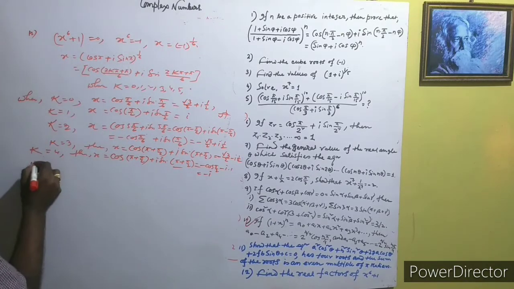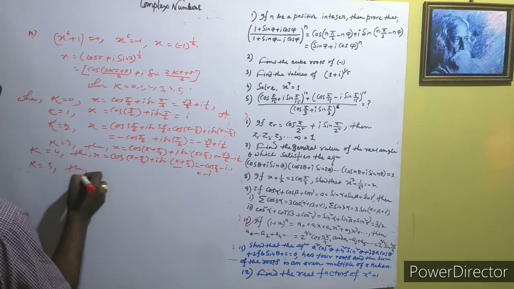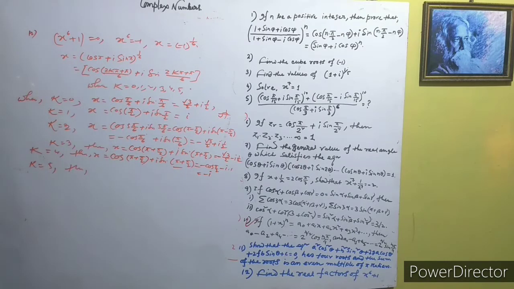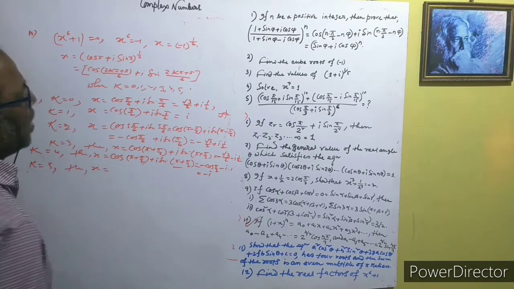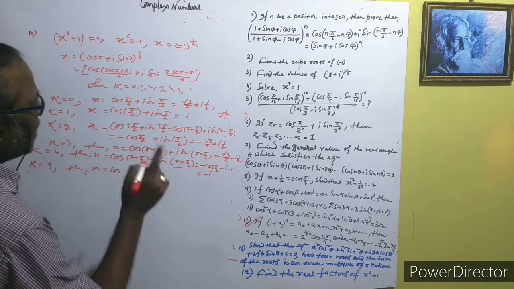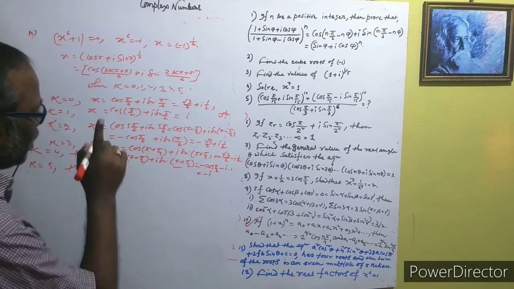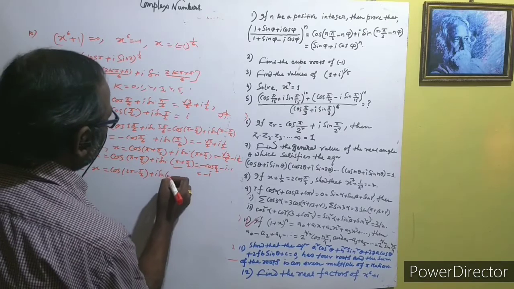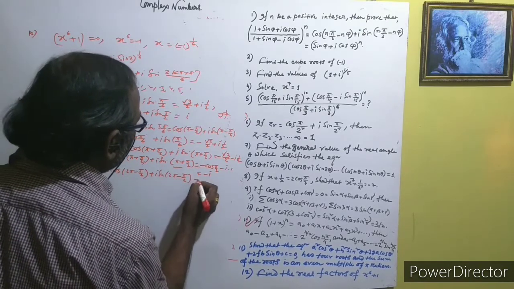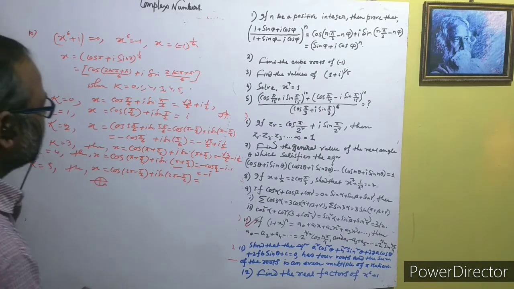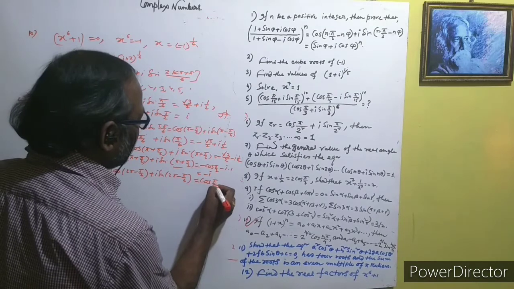Again, k equal to 5. Then we get 10 plus 1, 11, so 11 pi by 6. We can write this as 12 pi minus pi, so 2 pi minus pi by 6: cos (2 pi minus pi by 6) plus i sin (2 pi minus pi by 6). Cos remains cos pi by 6, and sine is negative, so minus i sin pi by 6.